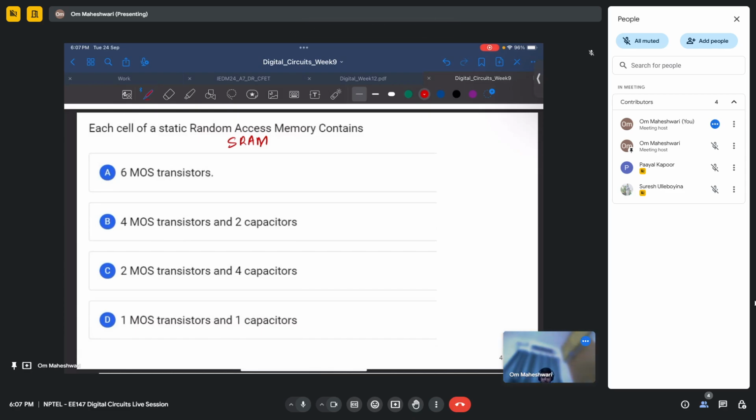If you remember your lectures, SRAM is the fastest memory in the CPU.